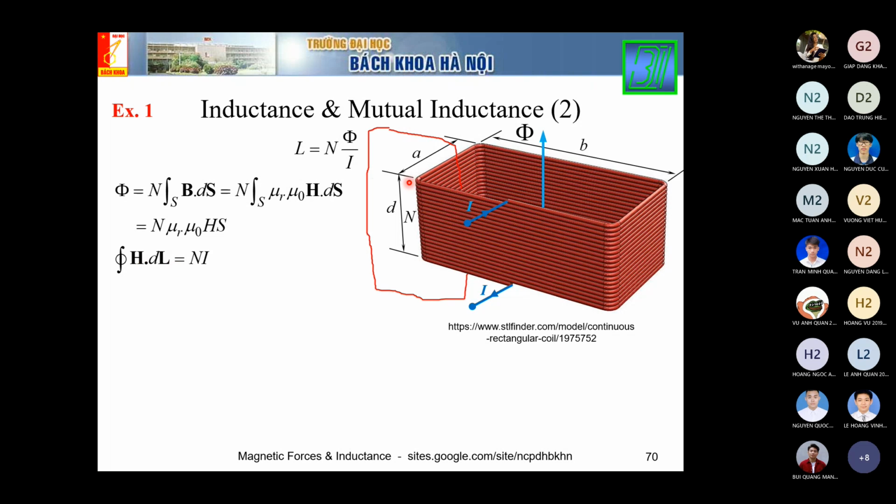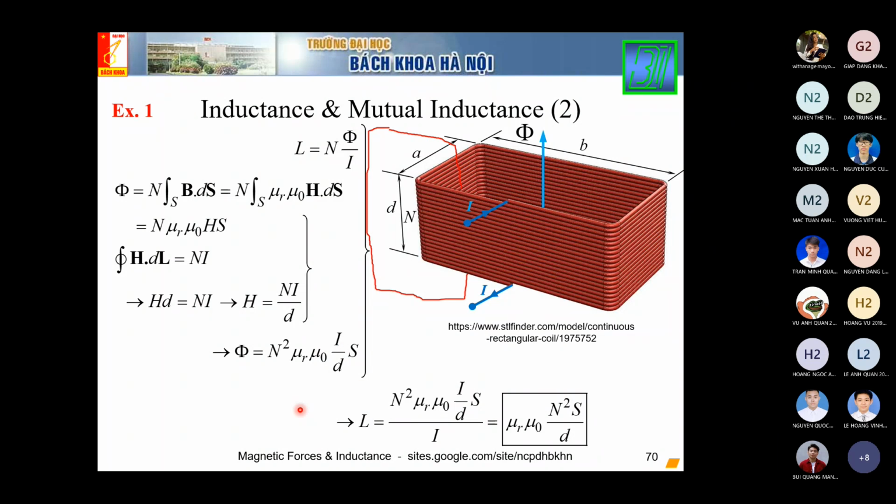So the left side will be H multiplied by the length of the section of the trajectory inside the coil, and that length is D. So the left side here is H times D. From here we can find H, and substituting this into the magnetic flux, we can find the magnetic flux. And finally, if you put this into the numerator of this definition, you can find the inductance.